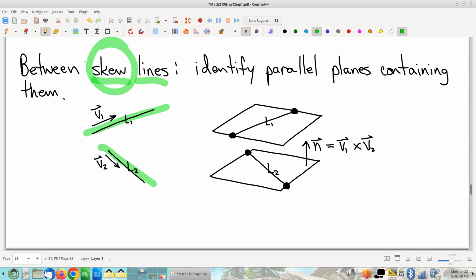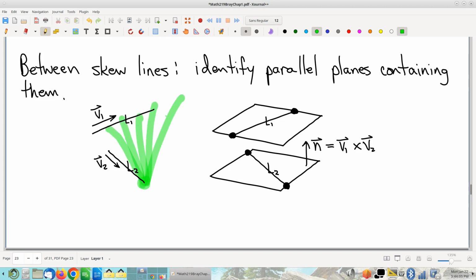How would we compute the distance there? Now, this is arguably, at first glance, seemingly a really hard problem, because on the one hand, I could pick a point on one of the lines, and I could look at all the different possible distances to the other line, and I could talk about which one of those is the shortest, right? But how do I know that I picked the correct point in the first place? And if this is the shortest of the distances I was just looking at, how do I know that that is the shortest of these?